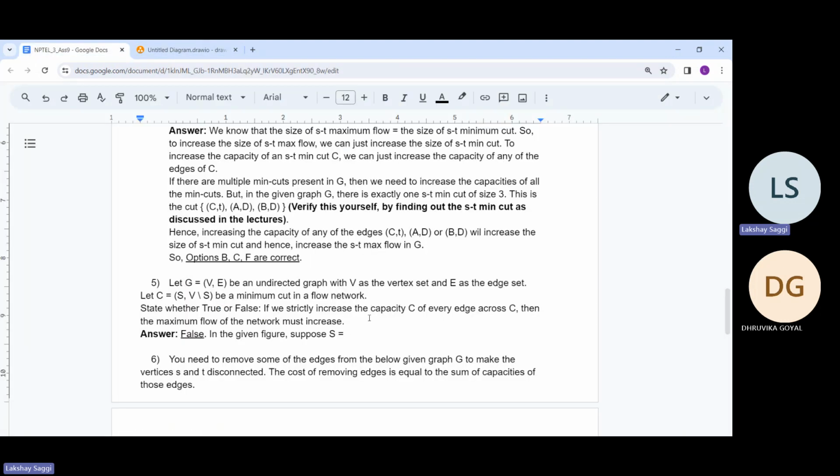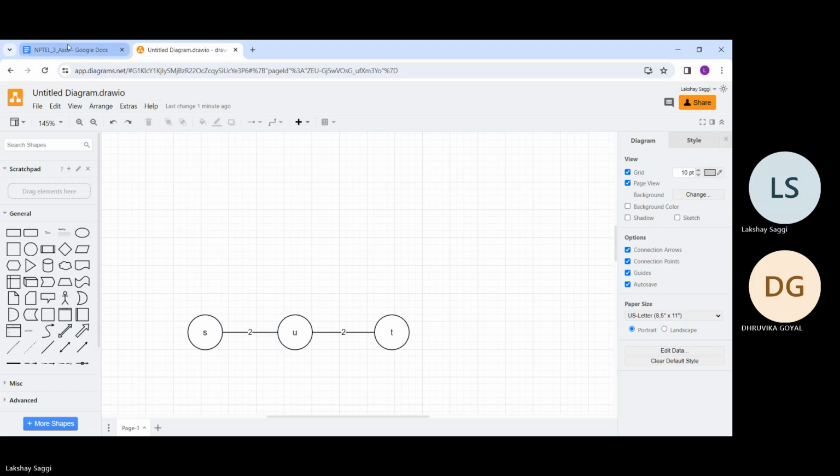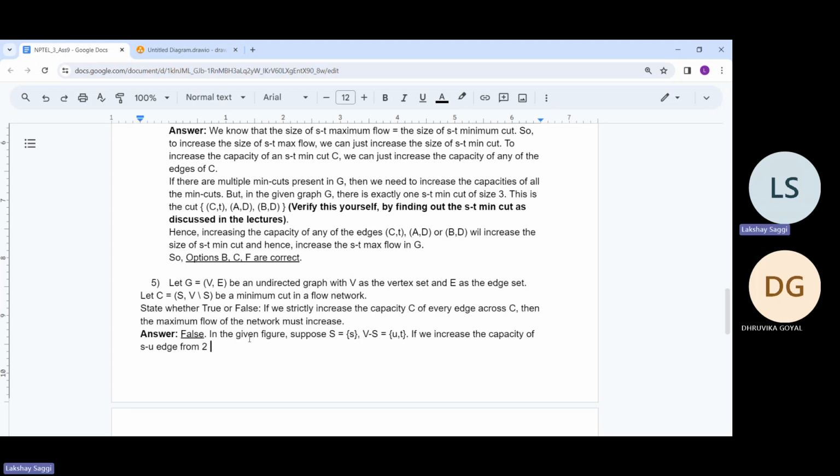Suppose S is just the source side vertex S. Then what we can say here is, V minus S will be just the set of U comma T. So if we increase the capacity of the SU edge from 2 to 3, the ST max flow still remains equal to 2.